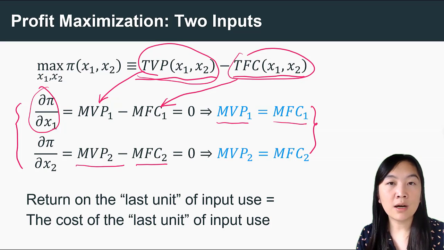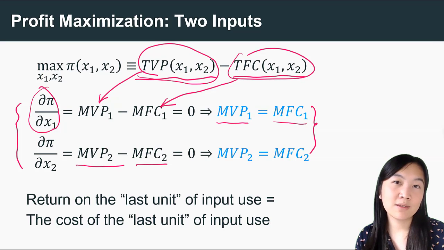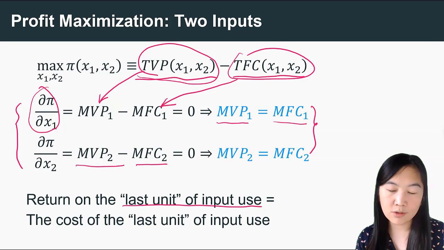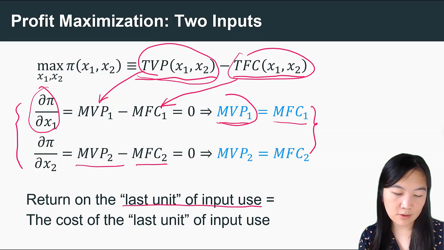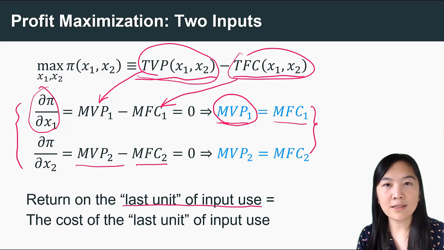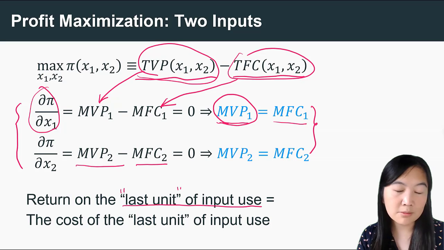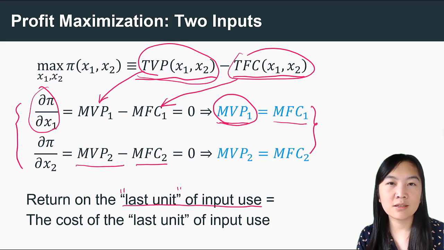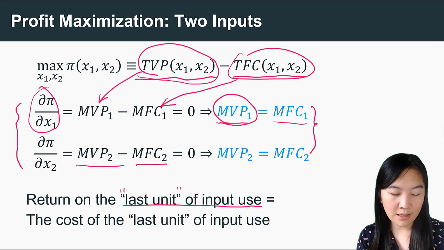How will you interpret that condition, and what's the economic intuition behind these two conditions? This means that the return on the last unit of input use, which is MVP. I put quotation marks on last unit because if you think of the partial derivative, which is a calculus concept, it's not the last unit, it's an infinitely small last unit.